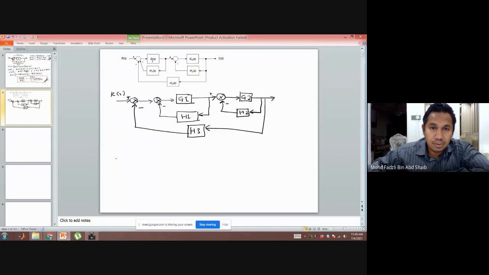Now, R(s). How about this one? The above one. We use the previous formula, right? What's the previous formula that we learned just now? I derived for you G1 and H1 as a feedback.